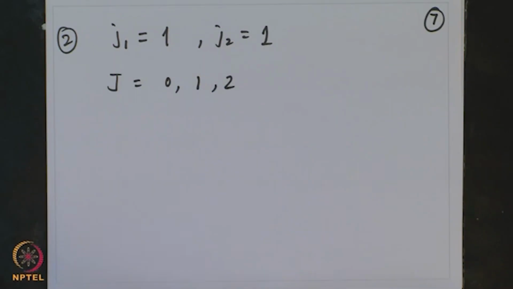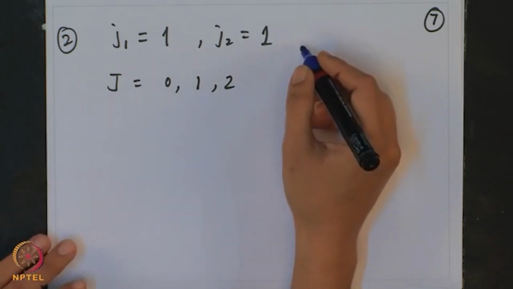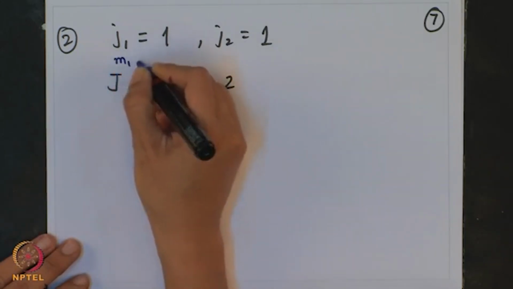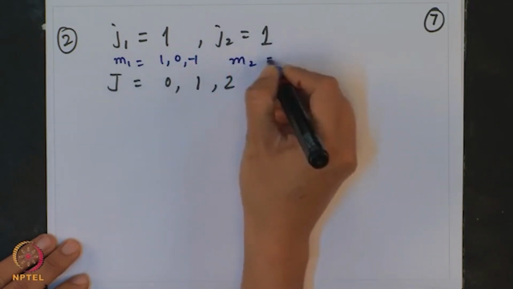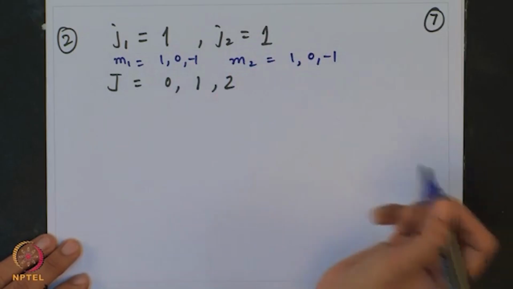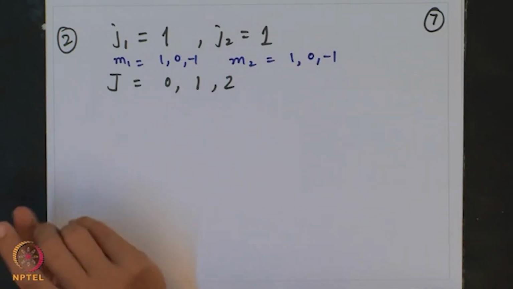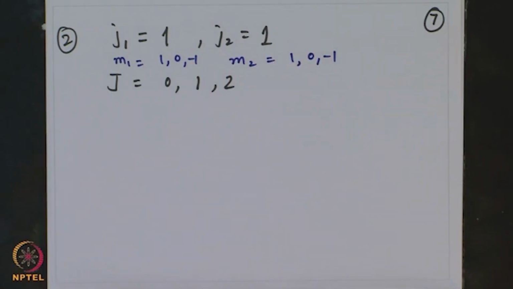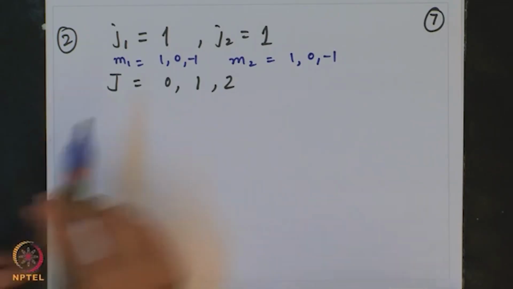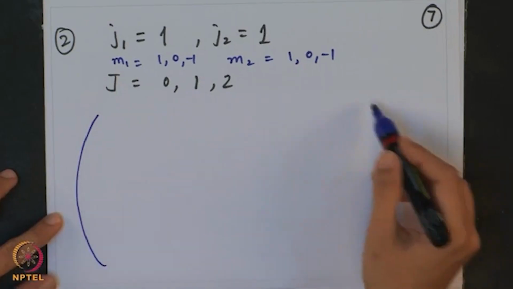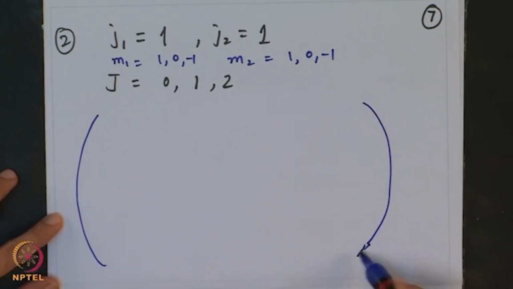And here again you will see how your M1, M2 behave. So, your M1 will take values 1, 0, minus 1, M2 will take values 1, 0, minus 1 and so on. So, you can solve this very neatly, and you can actually obtain a 9 cross 9 matrix.